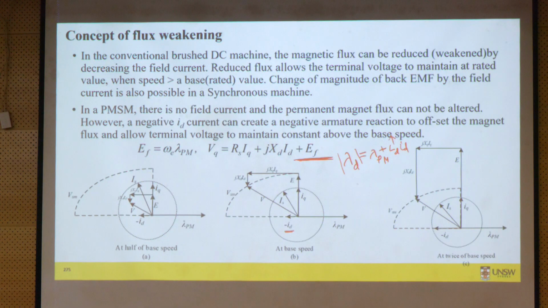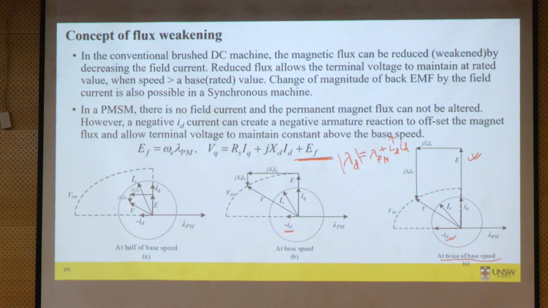And when lambda D reduces, the voltage in a phasor diagram, if we want to see, this is under, let's say, twice the rated speed, twice the base speed. So your back EMF has increased, okay, but you have also increased your ID current.